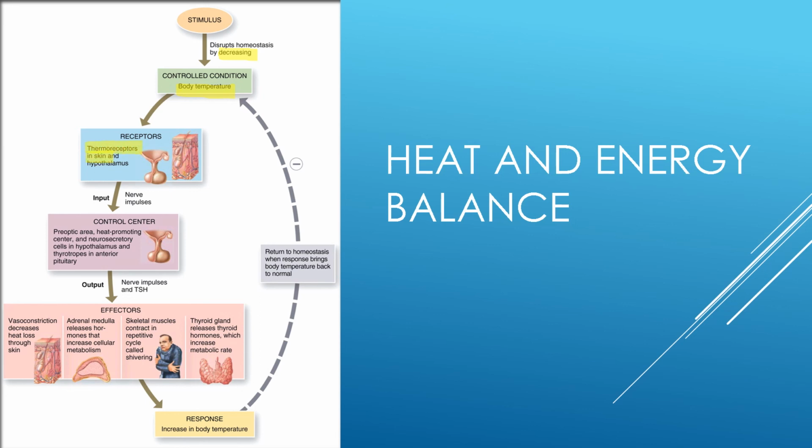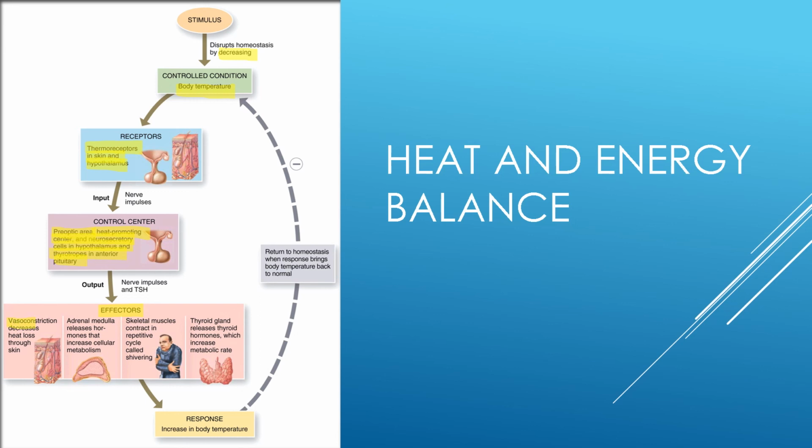Thermoreceptors in the skin and hypothalamus will detect this decrease in core body temperature and will send nerve impulses to the preoptic area as well as the heat-promoting center and neurosecretory cells in the hypothalamus, as well as the thyrotrophs in the anterior pituitary. In response, each effector responds in a way that helps to increase core temperature to a normal value.